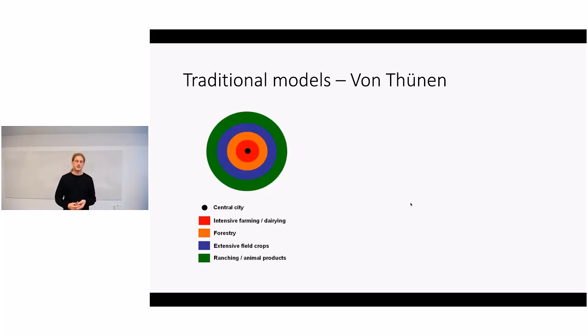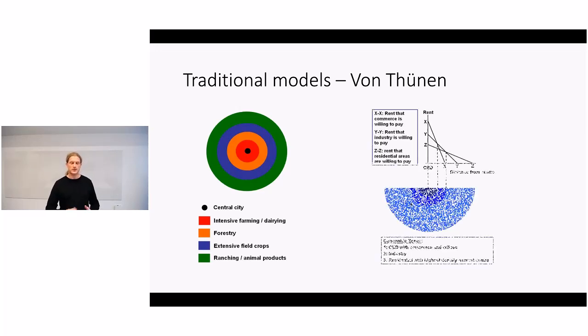And that is a quite simple monocentric model, it's called, where you have the central city in the middle, and then when it's a bit cheaper land, then you have intensive farming, and then forestry and etc. And the farthest away from the city, you have the least intensive land use.